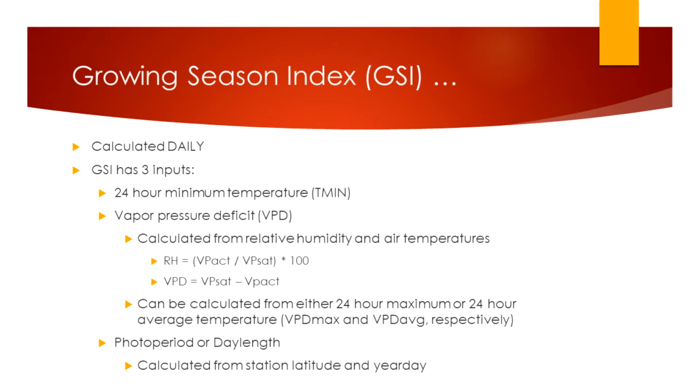The growing season index is calculated daily from 24-hour weather summaries. It has three inputs: minimum temperature, which is the 24-hour minimum temperature calculated from the hourly temperatures. The vapor pressure deficit is a similar calculation to relative humidity.